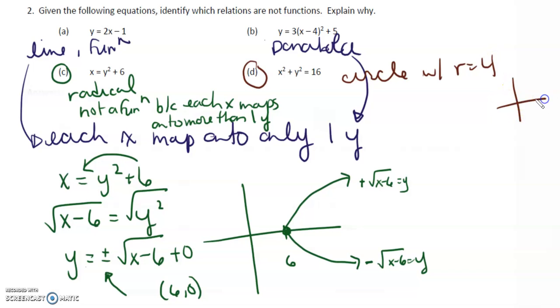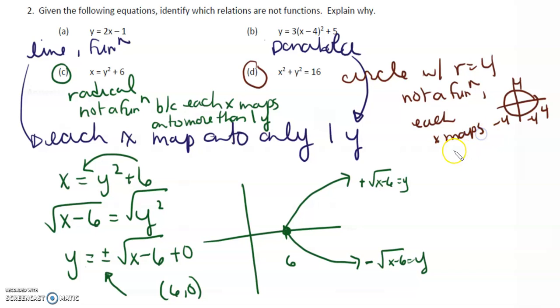We don't really need to draw that, but you can if you want. 4, -4, 4, -4. Okay, we can say not a function. And again, each x maps onto more than one y.